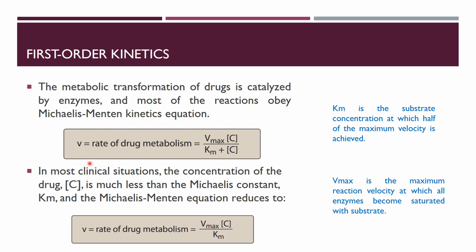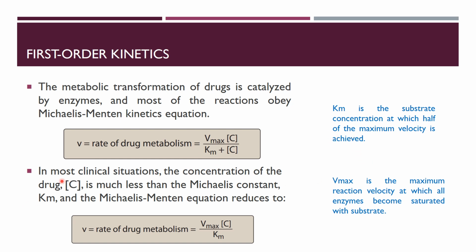That is, V, the rate of drug metabolism, is equal to Vmax times C, that is concentration of drug, divided by Km, that is Michaelis constant, plus concentration of drug.